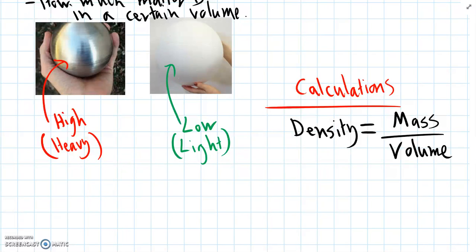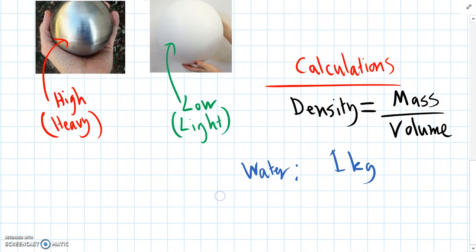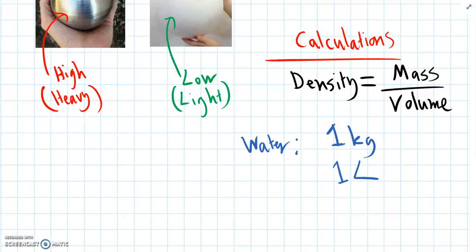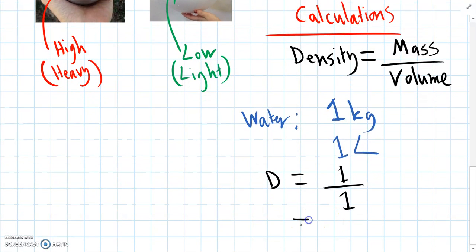So if we have something like water, we know that for water, if we have 1 kilogram of water, the volume of that water is 1 litre. And so if we want to work out the density of that water, the density equals the mass, which is 1 kilogram, over the volume, which is 1 litre. So water has a density of 1 kilogram per litre.